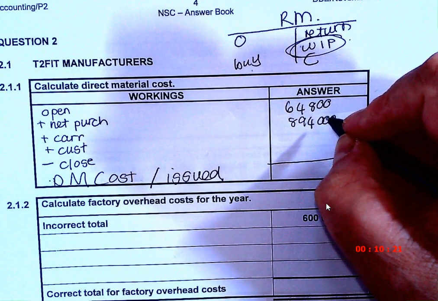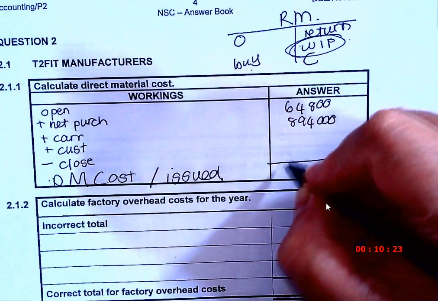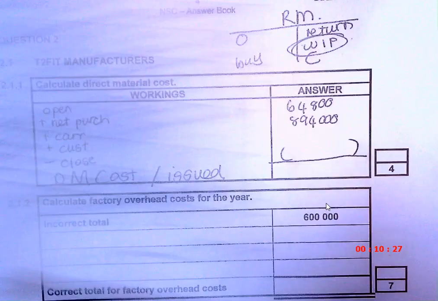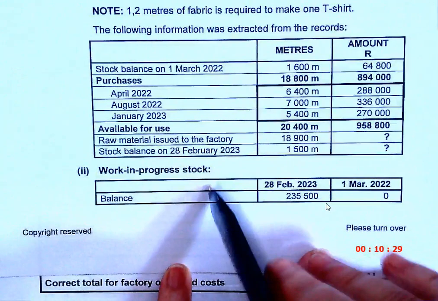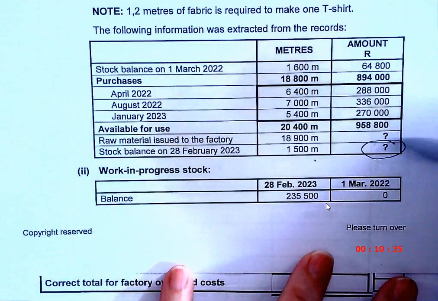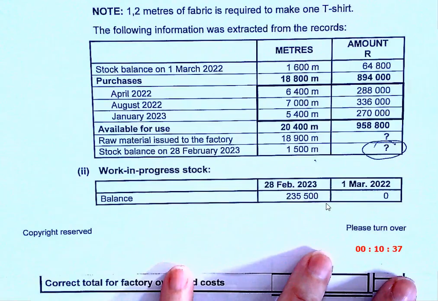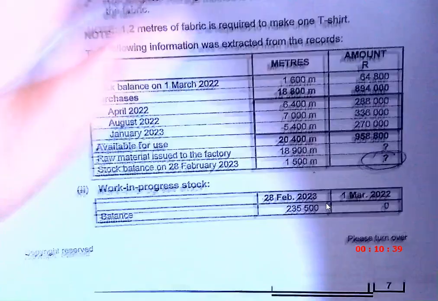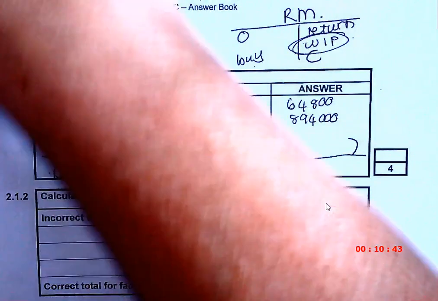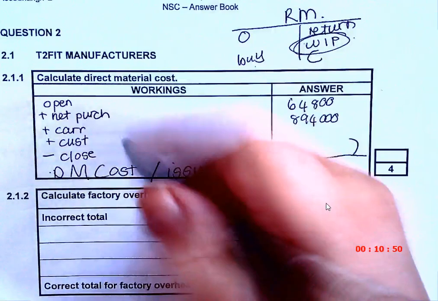Then my closing balance, they do not give me. Can you see that? Look here. The stock balance, the end of the year, they tell me it's 1,005. So I need to get a money value for it. Okay. So let's go look. What do they give me? They only give me that it's 1,500.